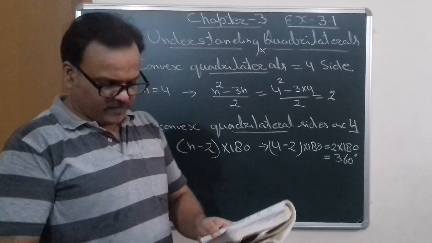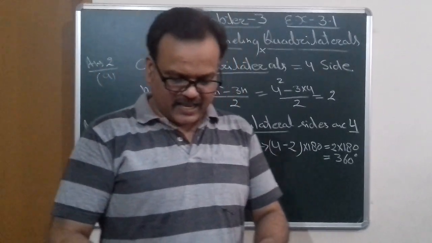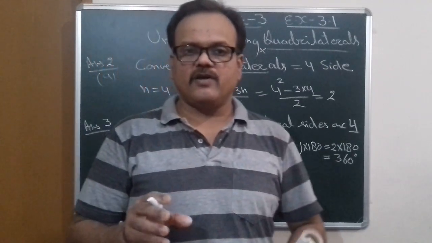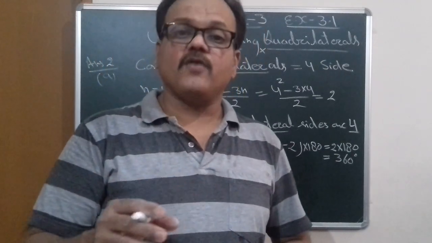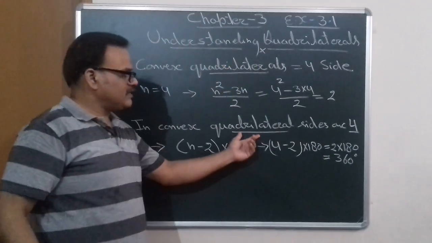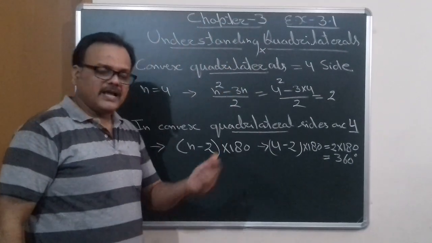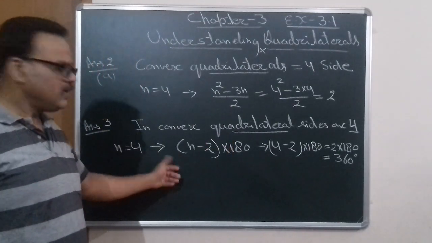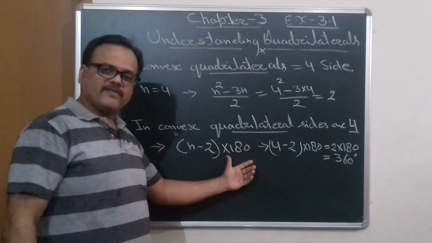Now come to question number 3. What is the sum of measures of the angles of a convex quadrilateral? You have to find the sum of all the angles. In a quadrilateral, the number of sides is 4, and I have already told you the sum of all the angles of any polygon is n minus 2 multiplied by 180.